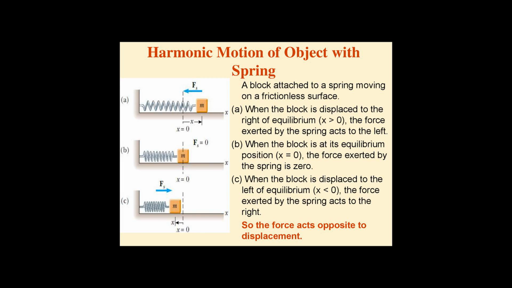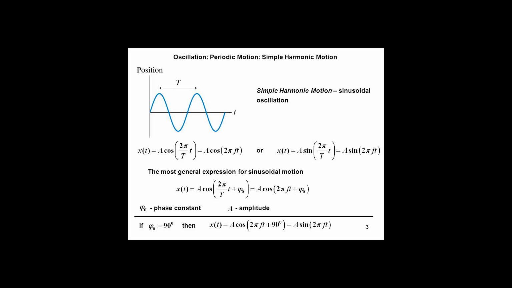If the system is left at rest at the equilibrium position, then there is no net force acting on the mass. However, if the mass is displaced from the equilibrium position, the spring exerts a restoring elastic force that obeys Hooke's law.